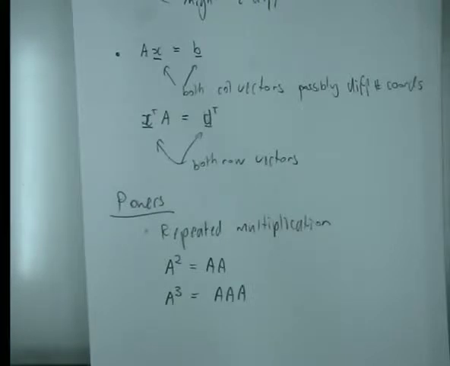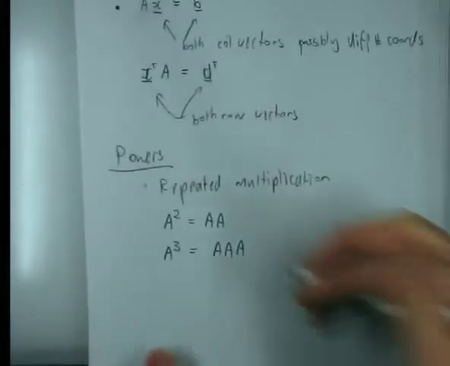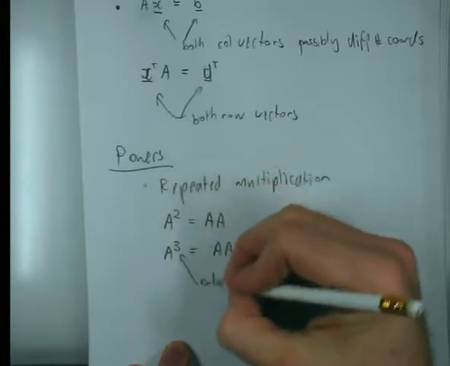Which means you can only put a whole number in the power because you're only allowed to repeatedly multiply a whole number of times. You can't do 1.5 A's multiplied together because there's no such thing as a square root of a matrix. And even if there is a matrix that does have a square root, it could have infinitely many square roots. So square roots don't exist for matrices, so you can't have half powers. So only whole numbers.